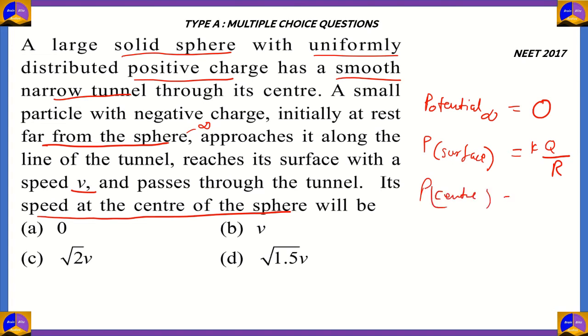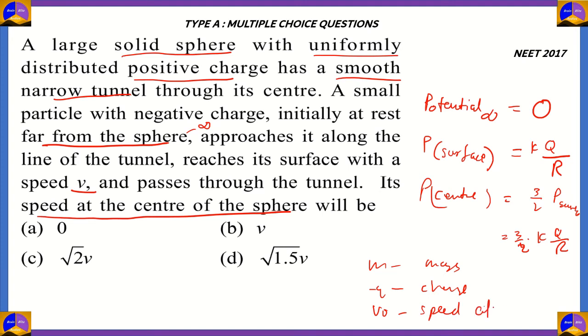The potential at the center is defined as 3/2 times the potential at the surface. So that is 3/2 times kq by r. So we know the three values of the potential. Let's consider m as the mass, minus q as the charge, and v0 as the speed at the center of the sphere. This is the quantity that we need to find out.